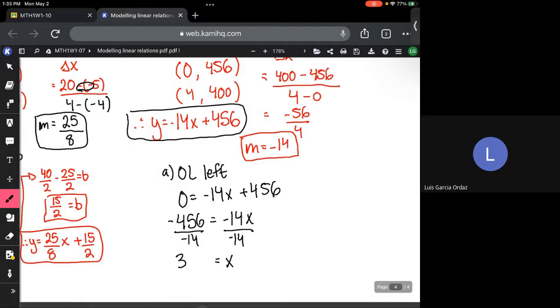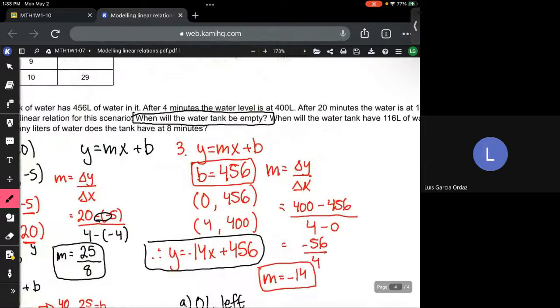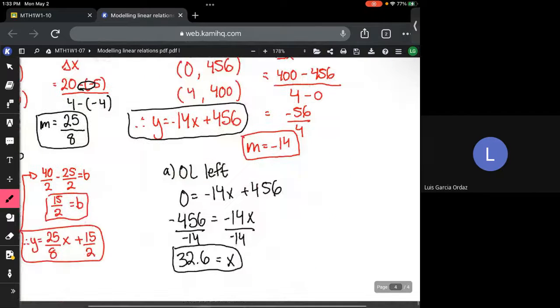So what would my therefore statement be? The question is asking, when will the water tank be empty? Remember, x is my time, the amount of minutes. Therefore, it will take how long? It'll take 32 minutes.